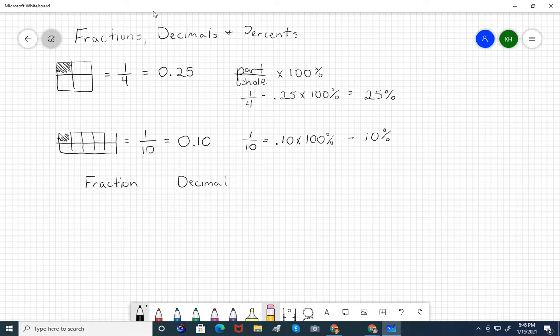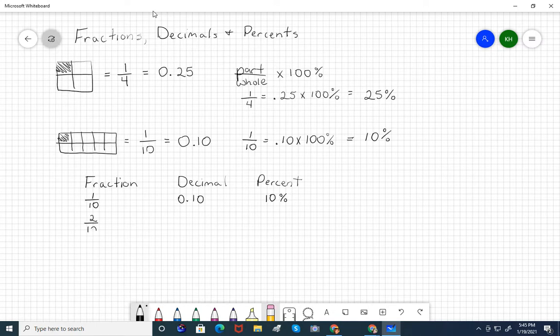And remember, all you have to do to get a percent is take that fraction or take that decimal and multiply it times 100. So 1/10 is 0.10 or 10%. It's worth knowing all of those.